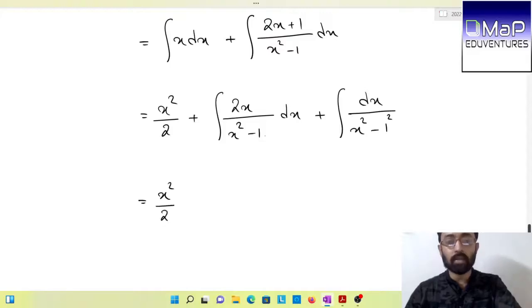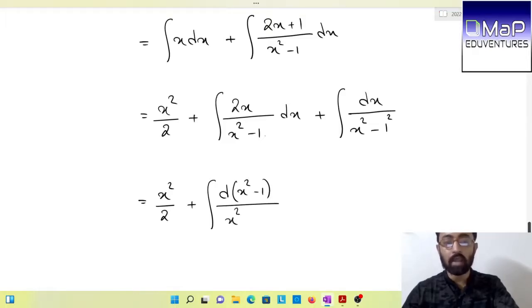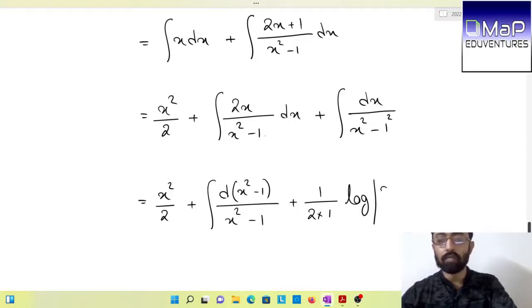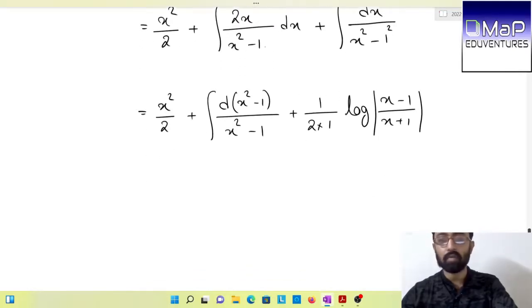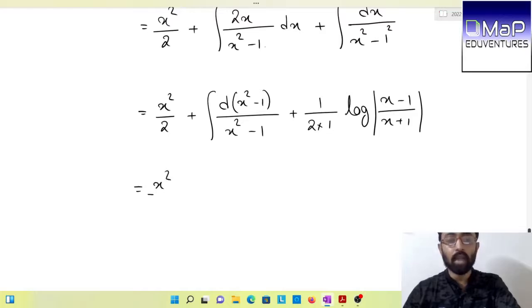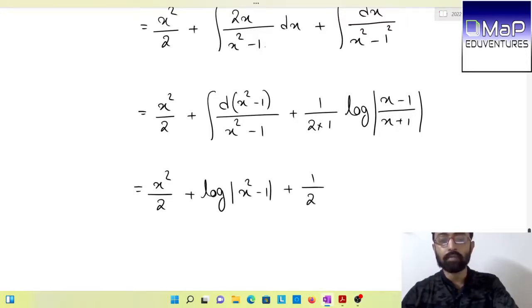So x square by 2 plus, now here you can substitute the denominator, so write as d of x square minus 1 divided by x square minus 1, plus, here we will have 1 by twice a log mod of x minus a divided by x plus a. We applied the direct formula. Okay, now we will have finally x square by 2 plus log of mod of x square minus 1 plus half log of mod of x minus 1 by x plus 1 plus c.